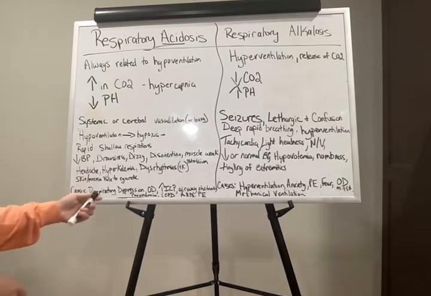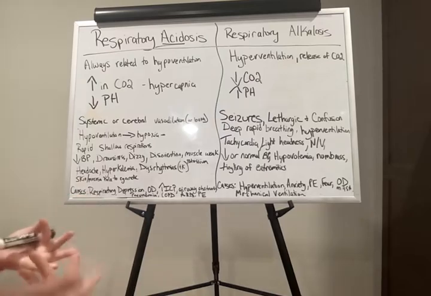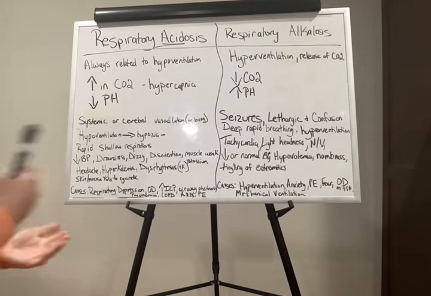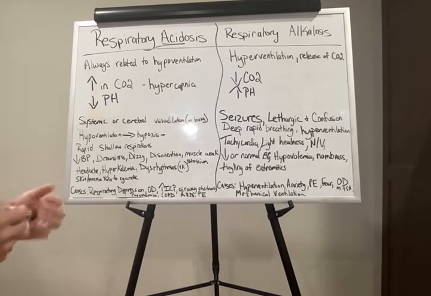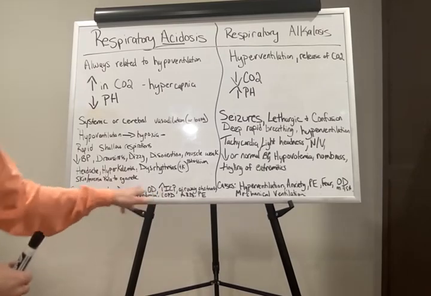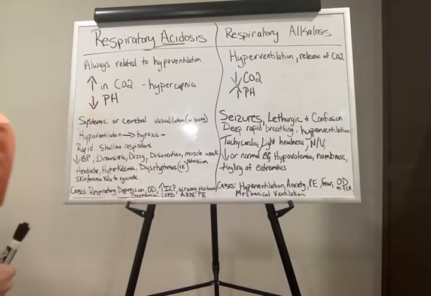These patients are obviously not breathing or getting very close to not breathing: respiratory depression, pneumonia, COPD, ARDS, and PE. These patients cannot expand their chest wall very well to get good oxygenation. So those patients are going to see that as well.